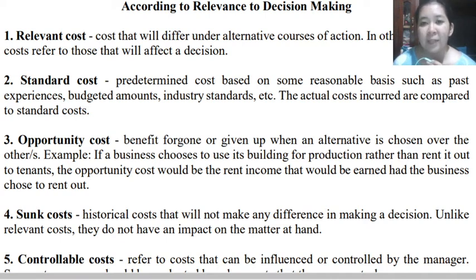An example of this is the management plans for 100,000 expenses in the next accounting period. So this is our standard cost. However, when the actual performance was conducted, it was found out that the actual cost that they incurred was 200,000. So in this case, there is a difference of 100,000.